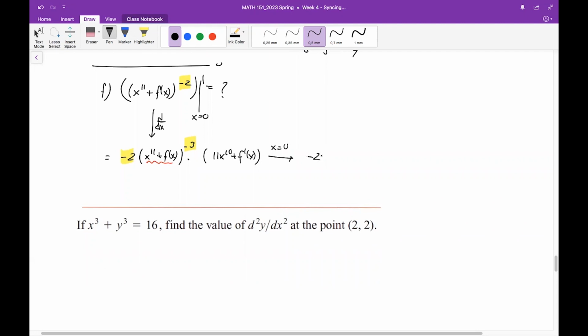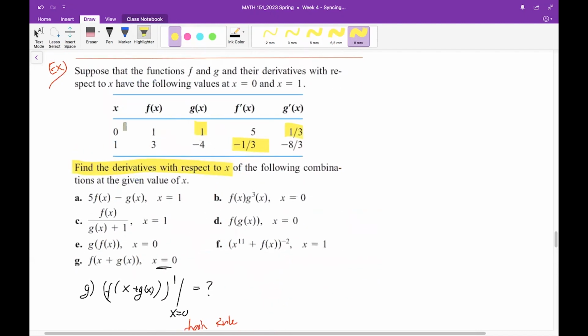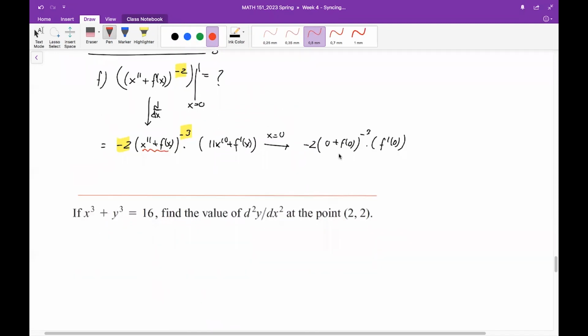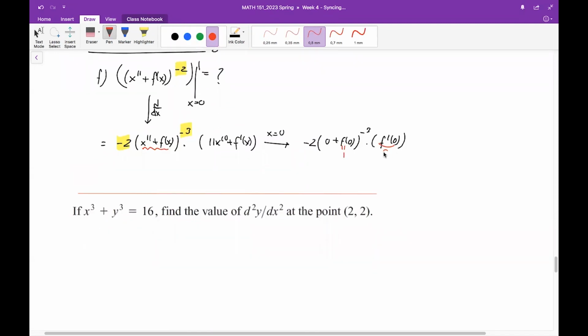So it goes like minus 2, 0 plus f of 0 to the power minus 3 times f prime 0. What is f of 0 and what is f prime of 0? We need them. F of 0 is 1, f prime 0 is 5. So let's insert them. This is 1 and this is 5.